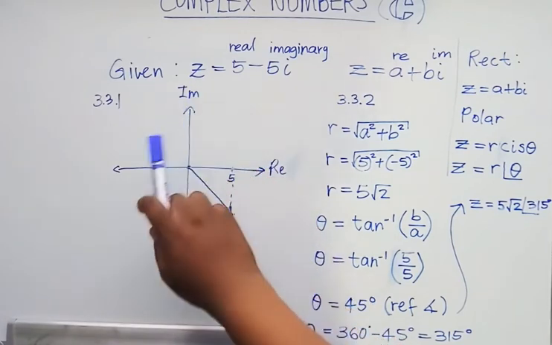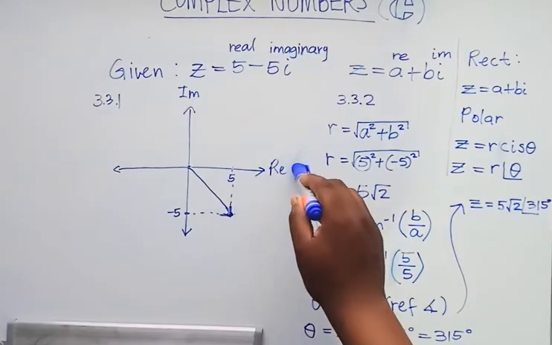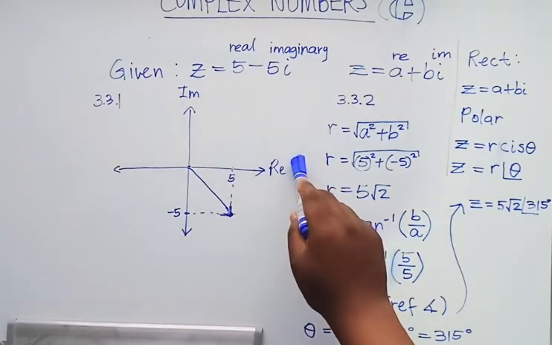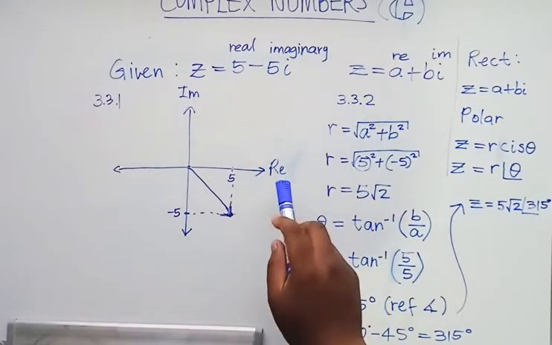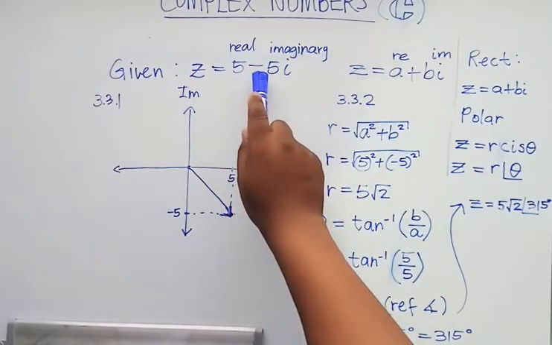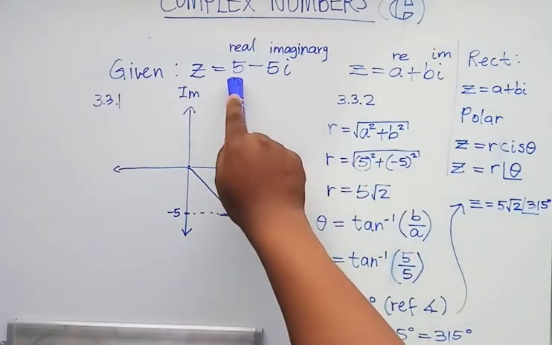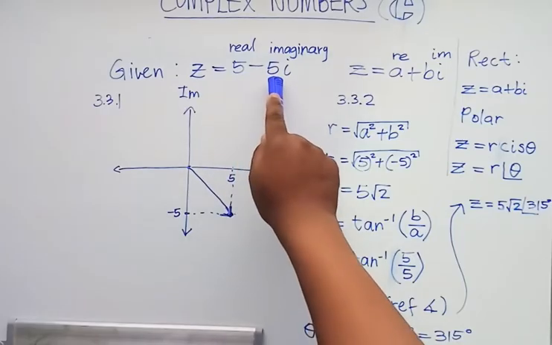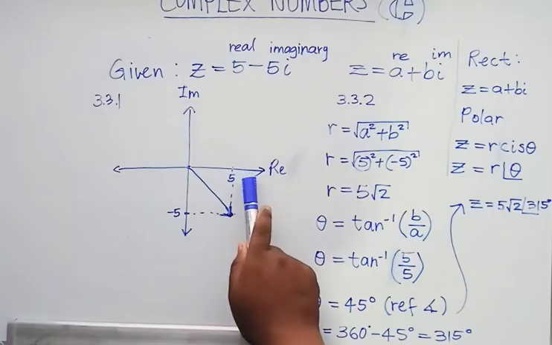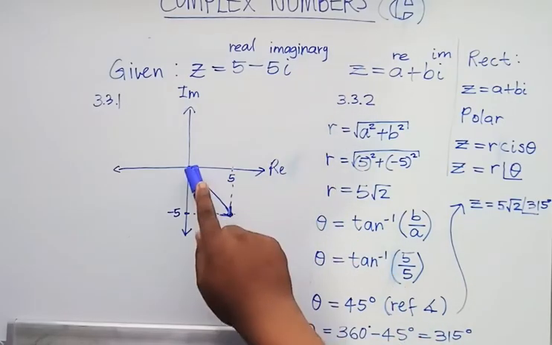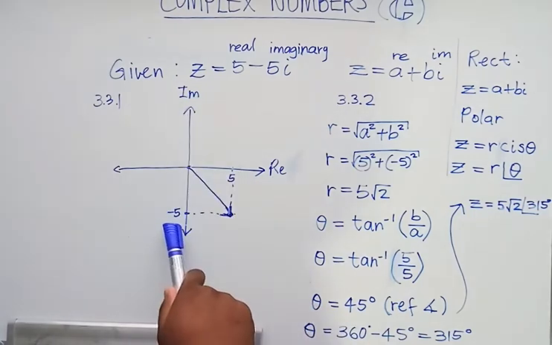A complex plane is your normal Cartesian plane, but instead of y and x, you say imaginary and real. The real part is 5, so we put 5 here because it's positive 5. The imaginary part is negative 5, so we go to the negative side of the imaginary line, to minus 5.